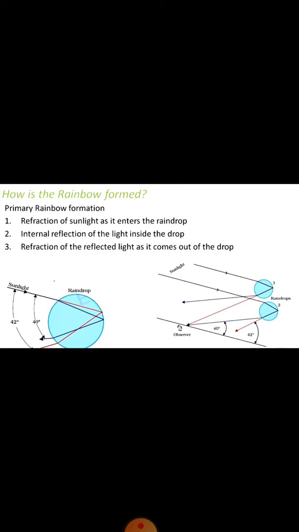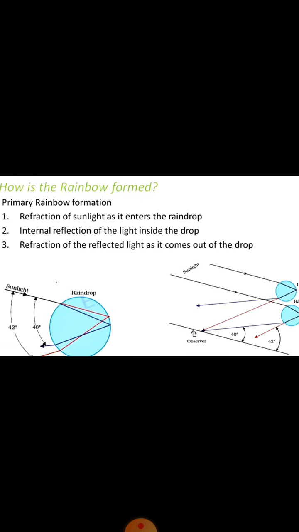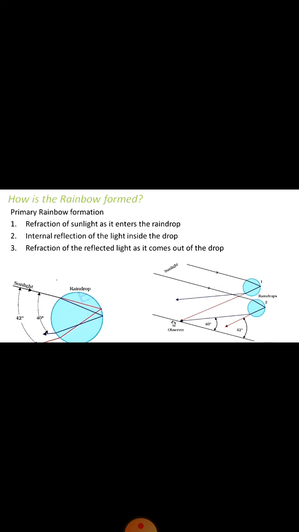In the next step, what happens? Total internal reflection of light takes place inside the drop. When the light reaches the boundary, total internal reflection takes place. That is, it gets internally reflected, and then it comes out from the other end. Refraction of the reflected light takes place as it comes out of the drop, because again there's a change in the medium.